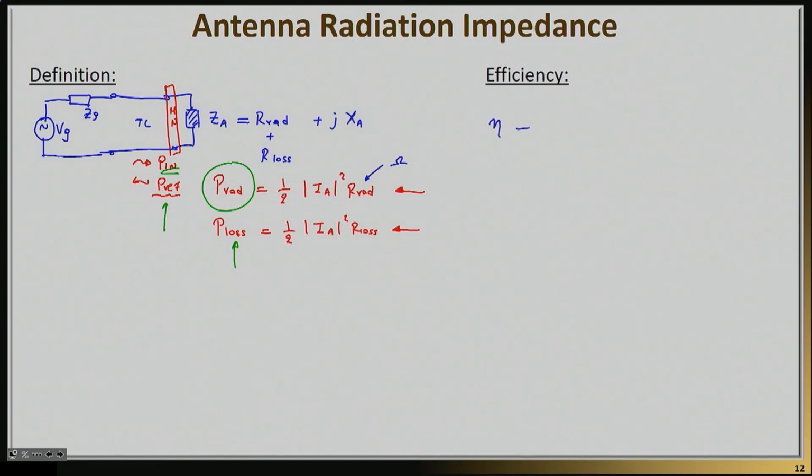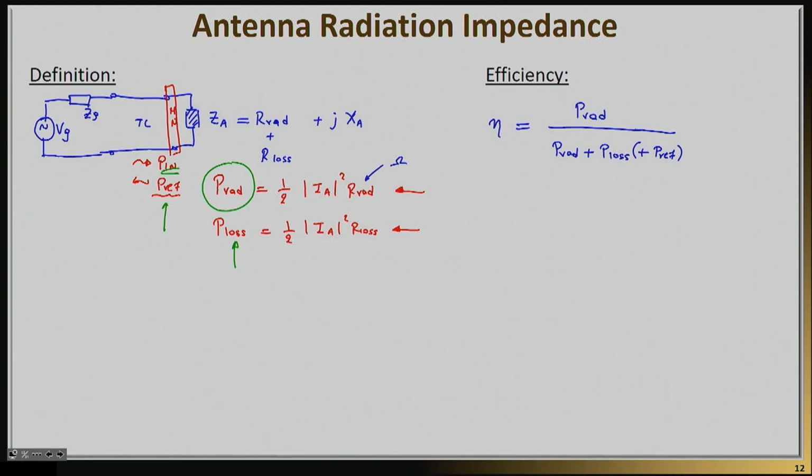So the efficiency eta is nothing else but the power that is being radiated over the power that is being radiated plus the power that is being lost. And sometimes people will also insert the power that's being reflected, in the sense that this is not really radiated. Most of the time, though, we will try to make that reflected power as small as possible, if that is something we can actually do.